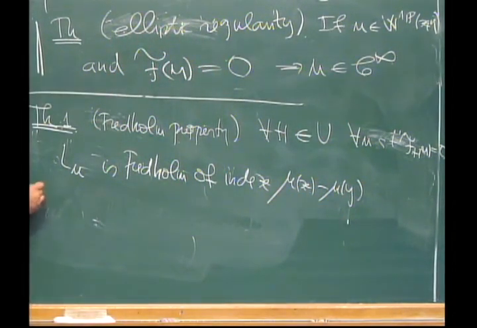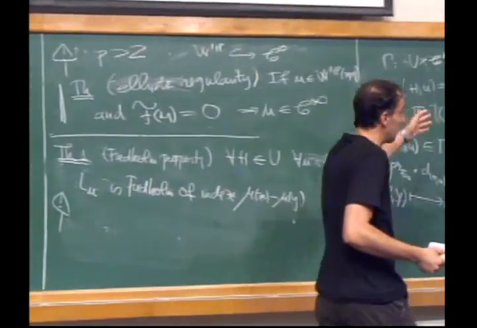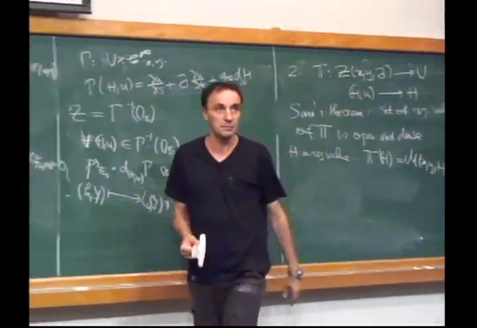So yeah, this is a hard theorem one has to prove in order, of course, to get at the end of the day the Fredholm property for this pi. Okay.